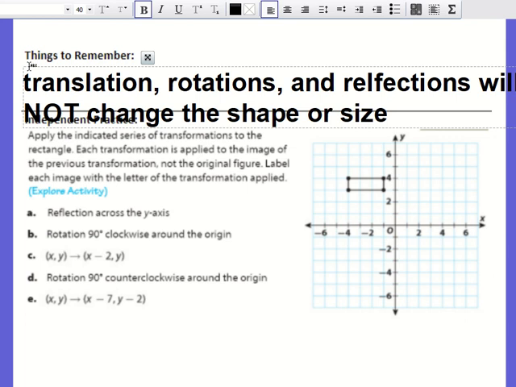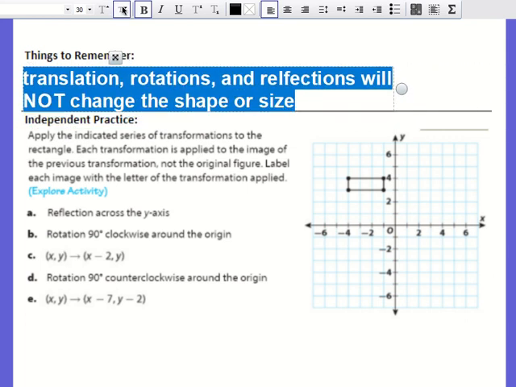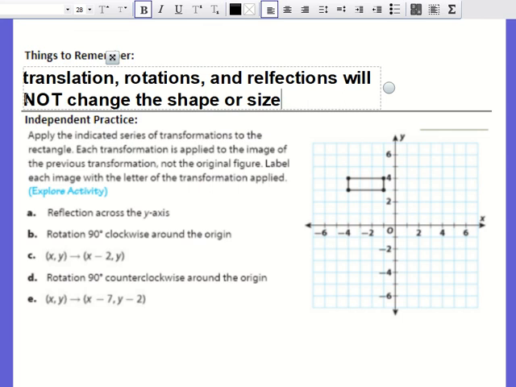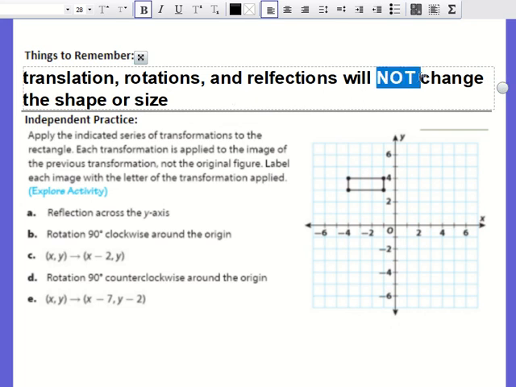I'm going to make that a little smaller so you guys can see it too. There you go. The main thing is that it will not change the shape or the size.